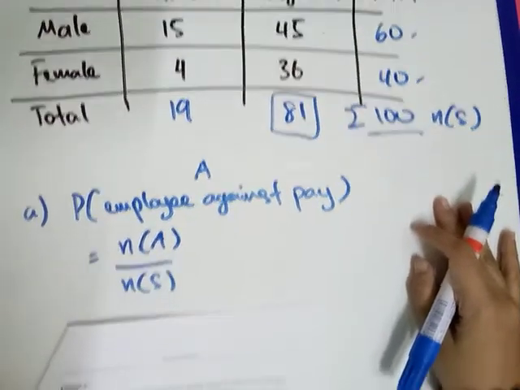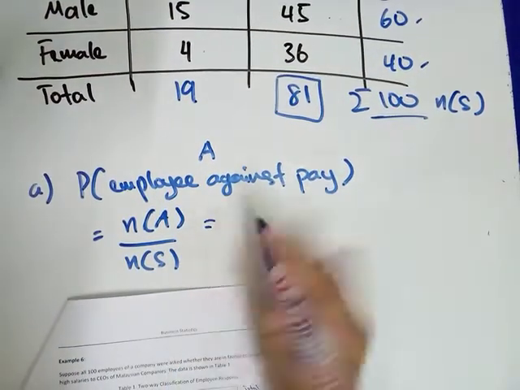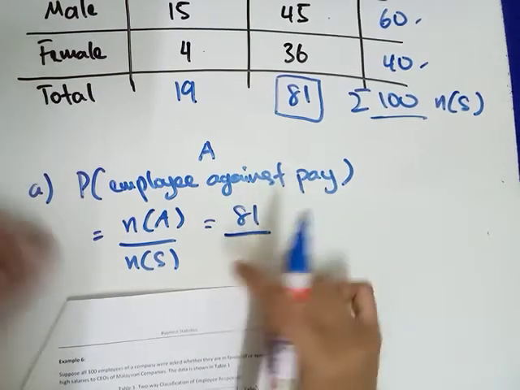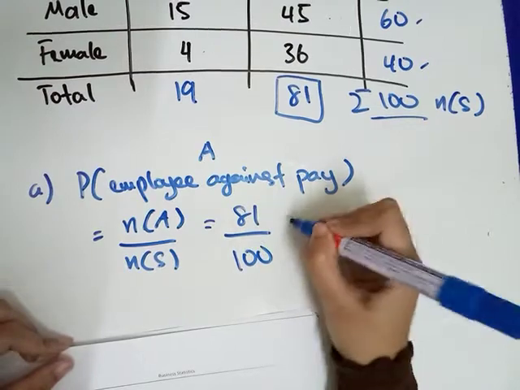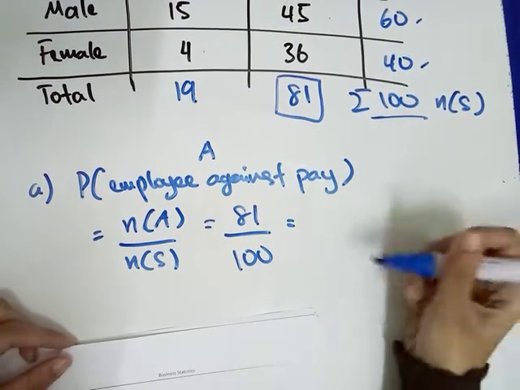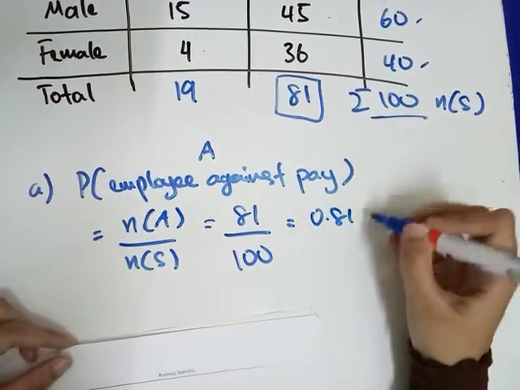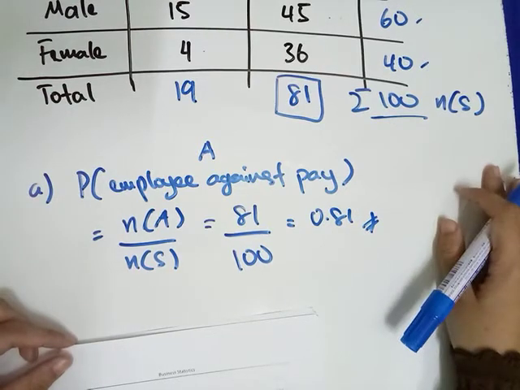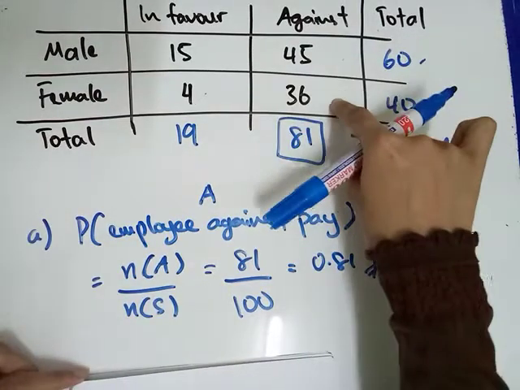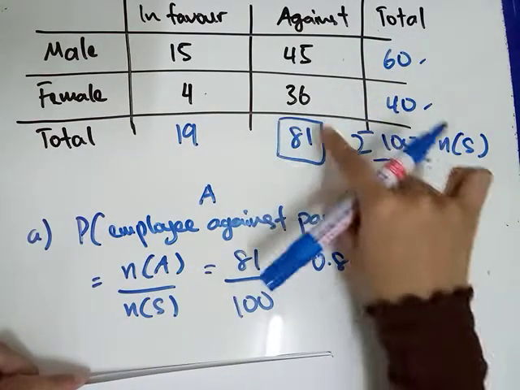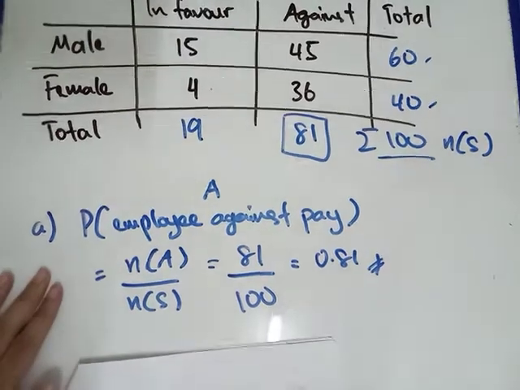So NA dia adalah 81 over NS is 100. So simplify, you get 0.81. This is the answer for employee against pay. Dia tak statekan male atau female, so kita ambil yang total up against paying. Alright, so this is for A.